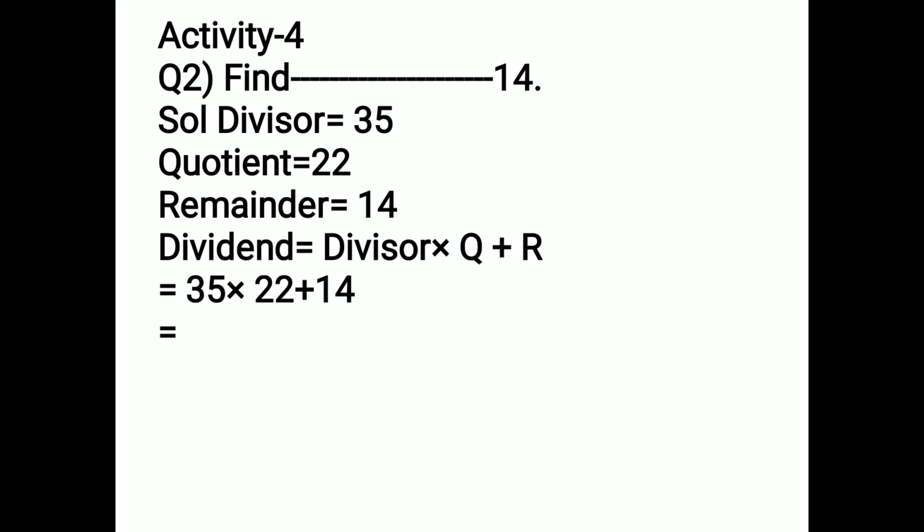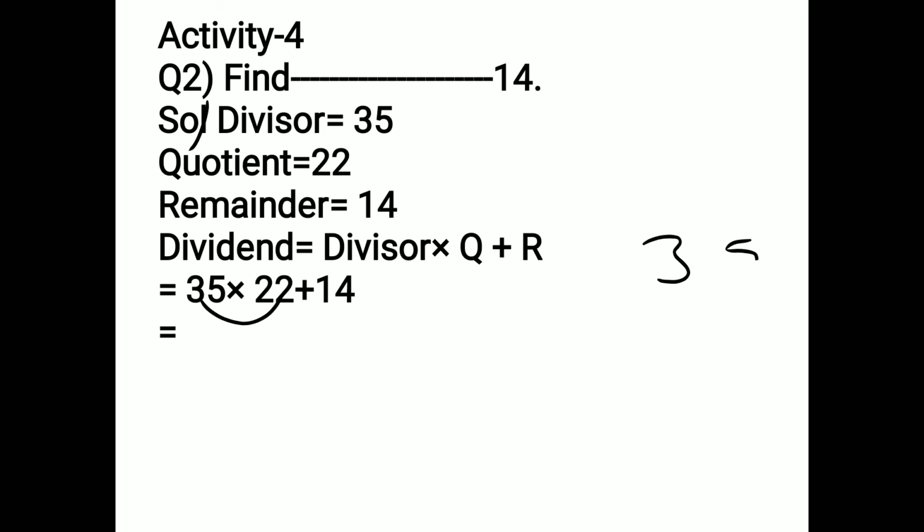We write in a copy in this manner: find the number, quotient 22, remainder 14. Then solution. Divisor is equal to 35, quotient is equal to 22, remainder is equal to 14. Then dividend is equal to divisor into quotient plus remainder. Then 35 into 22, you have to multiply it. Whatever answer comes, you have to add 14 to that.